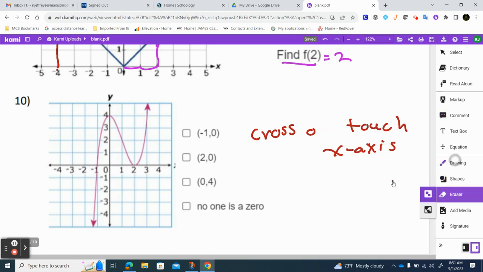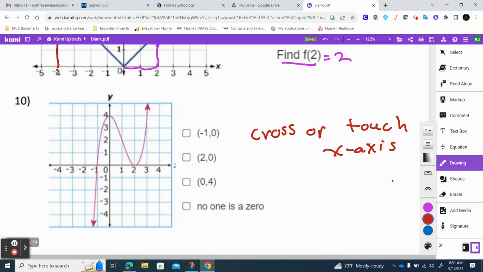Now, there could have been an issue with the key, and it's really easy to fix. All right. So this would be this one right here and this one right here. Now, I really want to go back and look at this one to see if anybody picked no one is a 0.